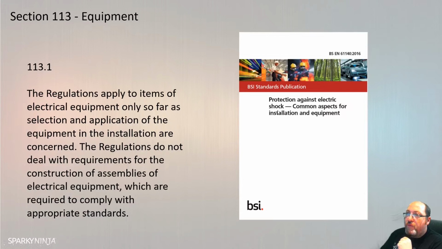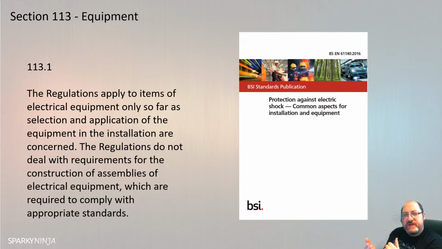We then have 113.1 equipment. It just says regulations apply to items of equipment only so far as selection and application of the equipment in the installation. It does not deal with the requirement for the construction of assemblies. So there's a whole different array of BS standards for manufacturing.